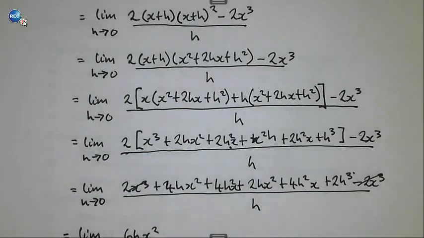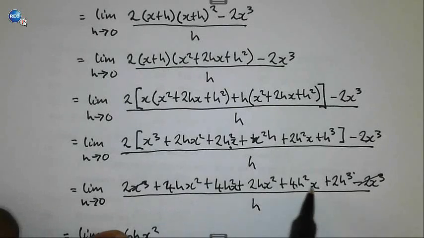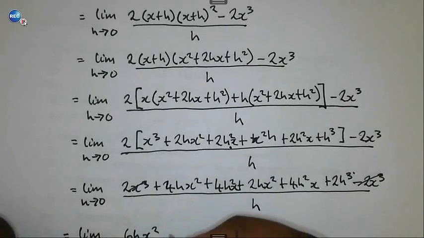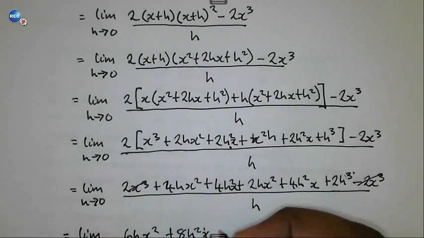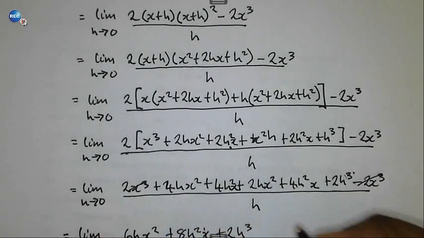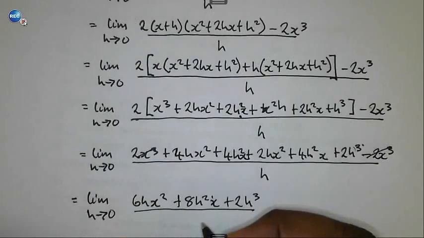If you add them, it's 8h squared x. Another like term, okay, 2h to the power of 3 is on its own. All of this over h.